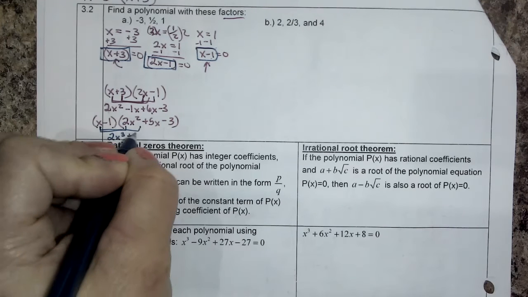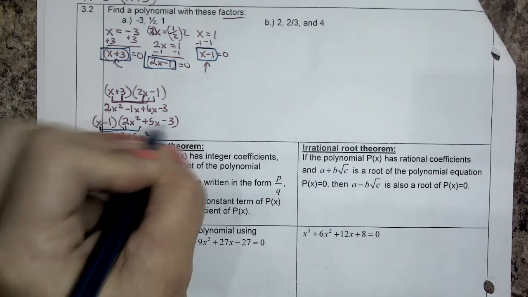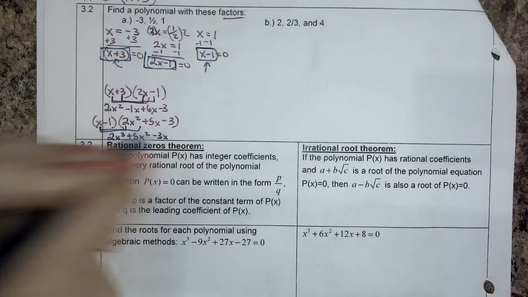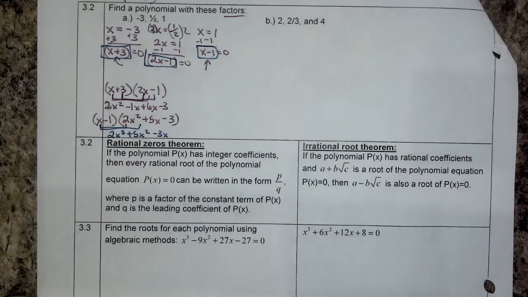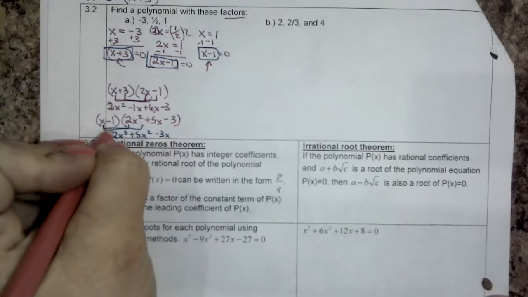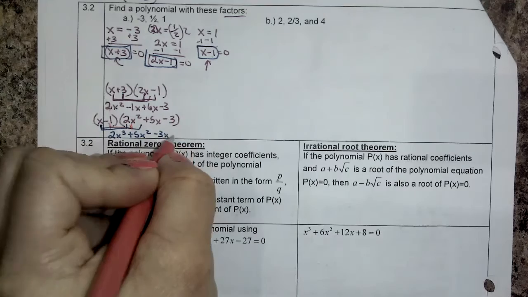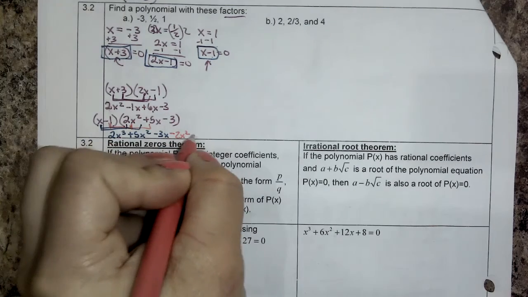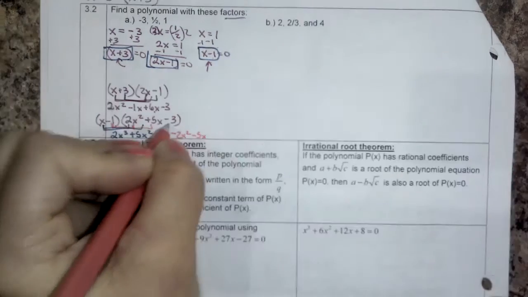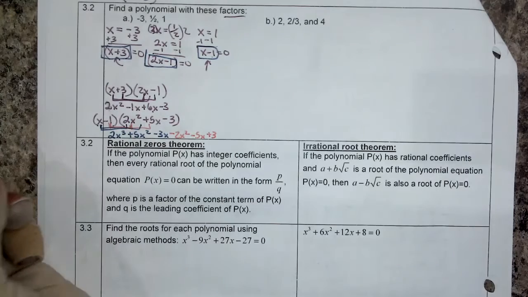X times 5x is 5x squared, and x times -3 is -3x. Now I'm going to do -1 times each of these. So -2x squared, -1 times 5x is -5x, and -1 times -3 is 3.